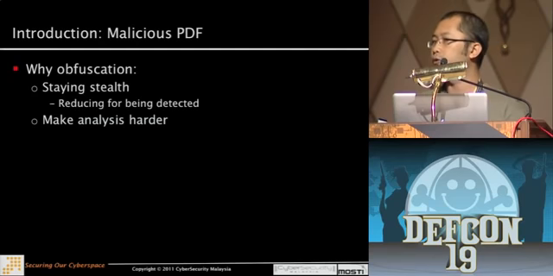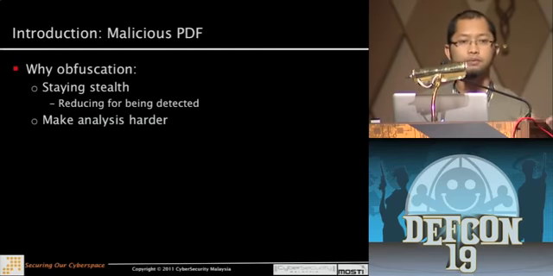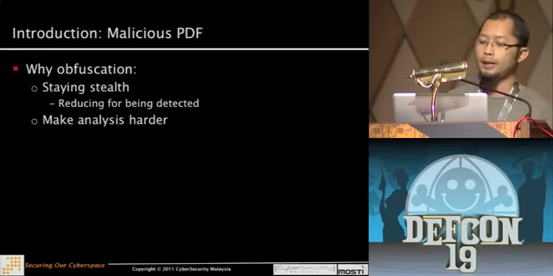If you were here for the previous presentation about APT, we still believe that in the end of the day, your tool is going to be detected. But you can make analysis much harder by implementing some obfuscation.